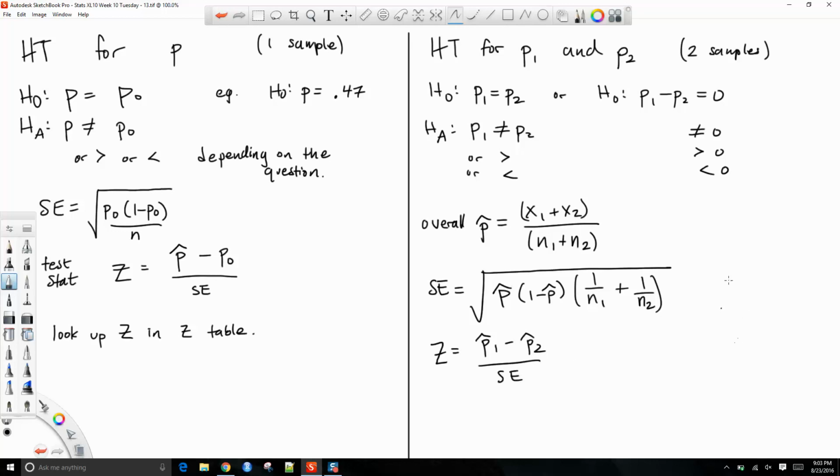Okay. And again, you'll look this up. Look up z in the z table. And whether you use the left side or right side depends on the alternative. If the alternative has a less than sign, the p-value is the area to the left of z.